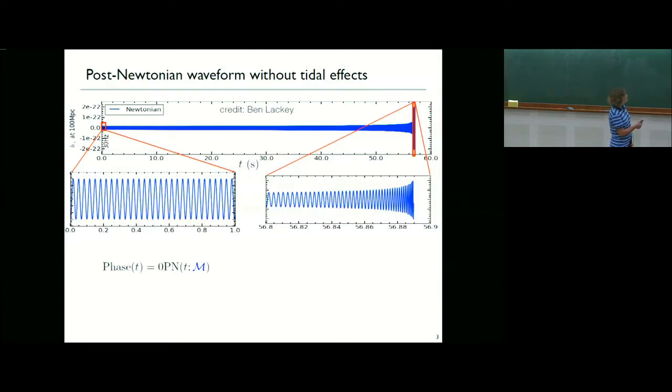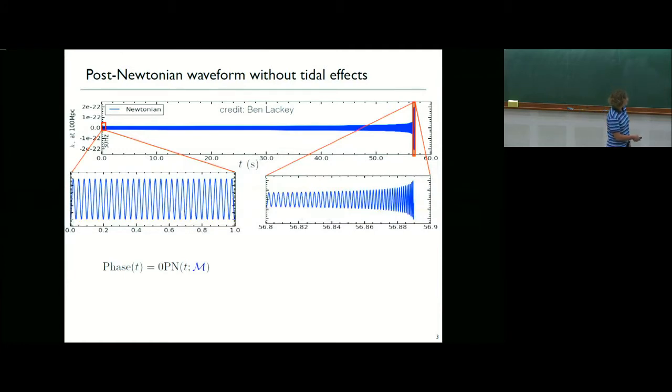You see, as a function of time, it lasts about a minute or so, and it increases in frequency and amplitude. The phase is just a function of the chirp mass. We call it 0PN because adding these relativistic corrections means we are doing post-Newtonian theory, which means small corrections to Newtonian dynamics and Newtonian physics everywhere.